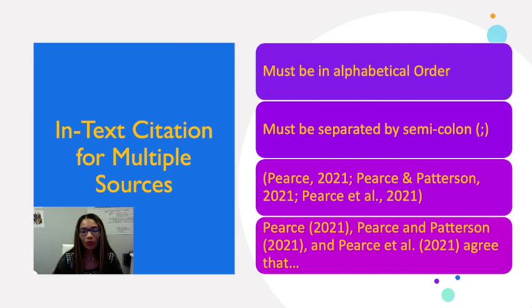So here we're doing the Pierce 2021. Make sure that you put the year in parentheses for each article that you're citing, separated by a comma. And then here again, we have the Pierce and without the ampersand.